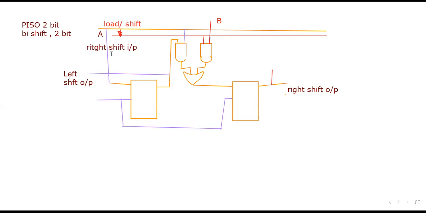And when A is 0, okay, if A is 0, then this line would be off. Okay, just a minute. I should convert this line over here as this line is connected with B, and this particular line is connected with B bar.